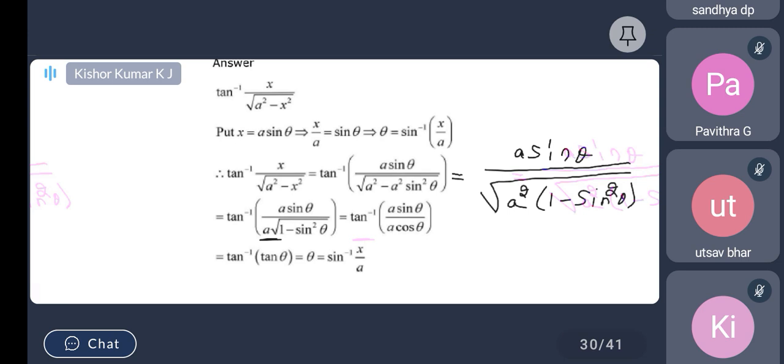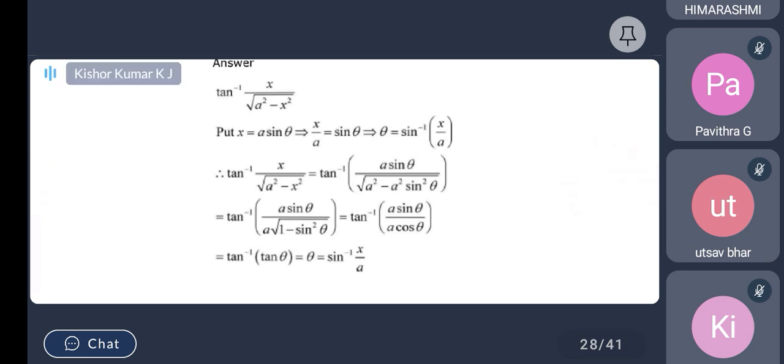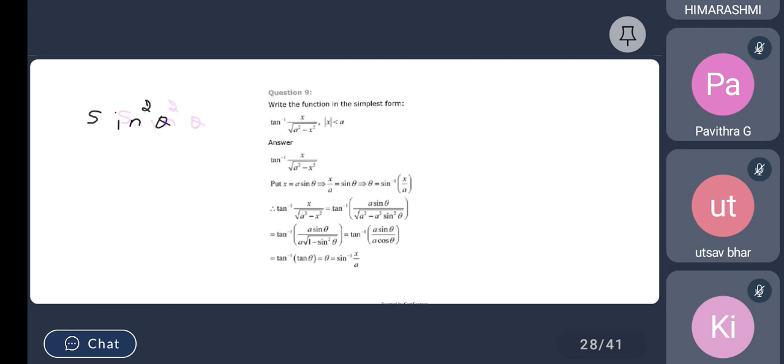Is it possible to remove this square root? Yes, we can remove it, just by applying the trigonometric identities, because we have sin square theta plus cos square theta is equals to 1.